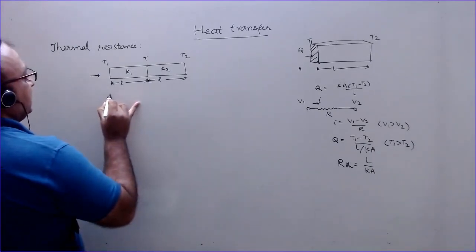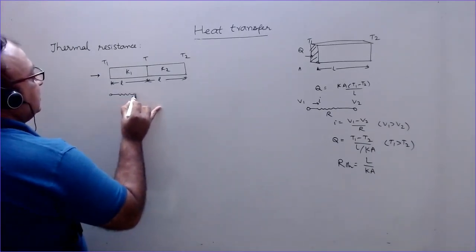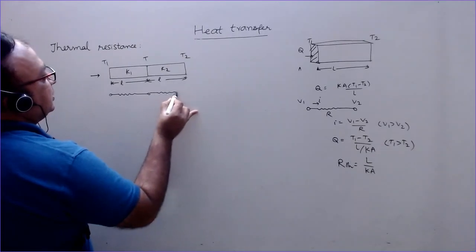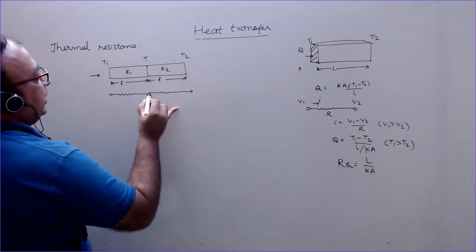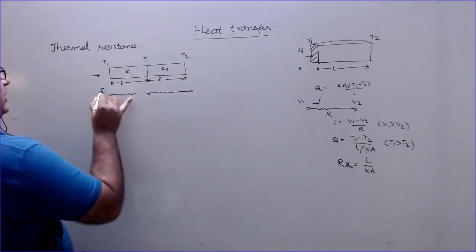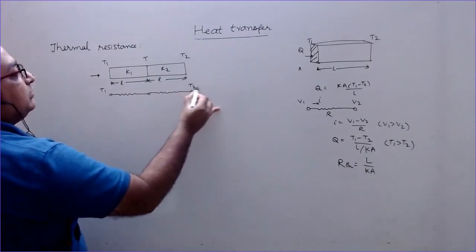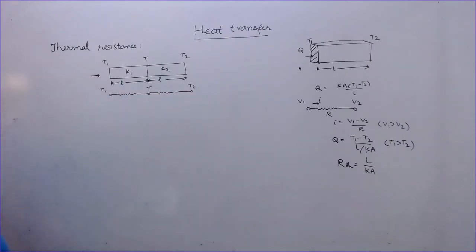Now for this purpose we can divide this into two resistors. We can show like this, two resistors connected in series, T1, T2 and T. Now the common question the students ask while solving these problems is, when to show these bodies in series and when in parallel.